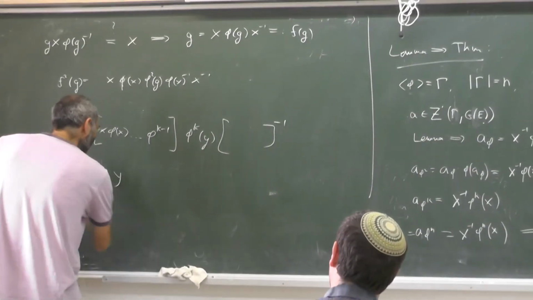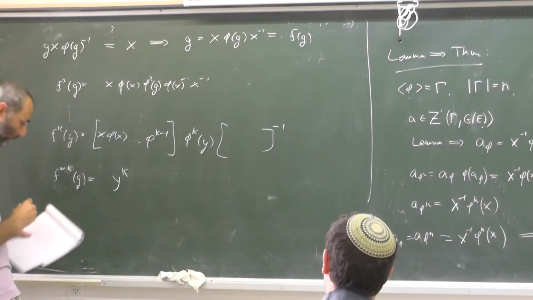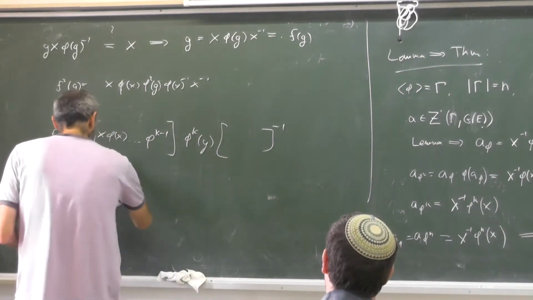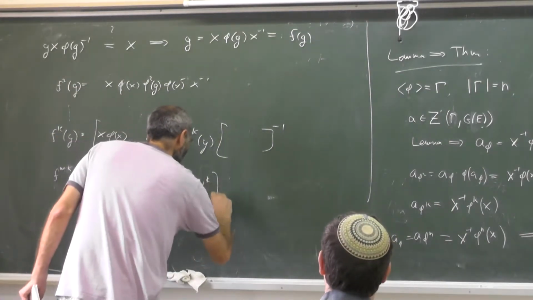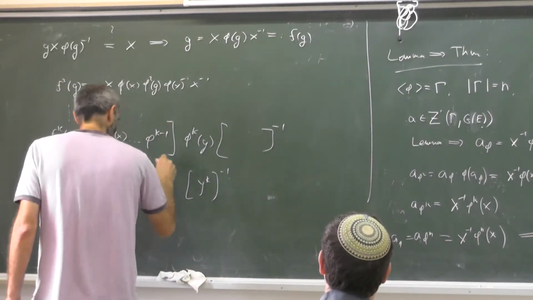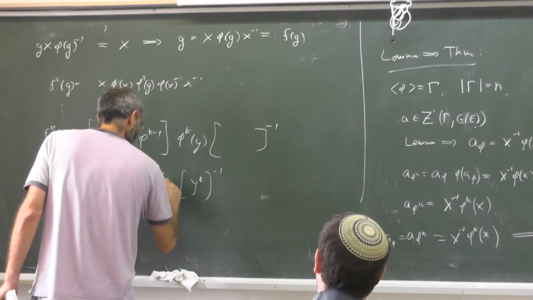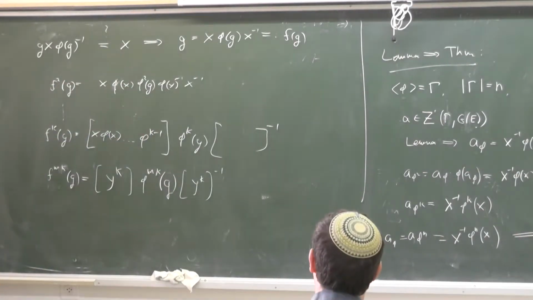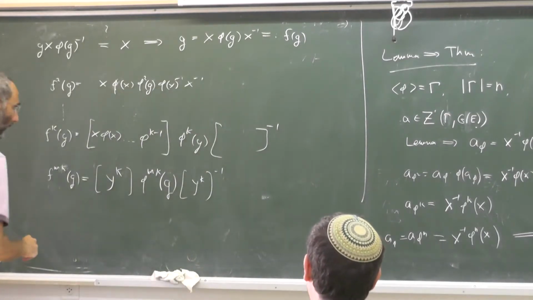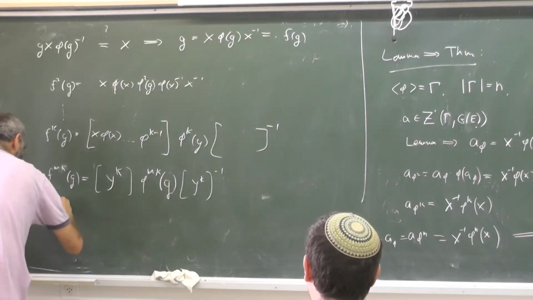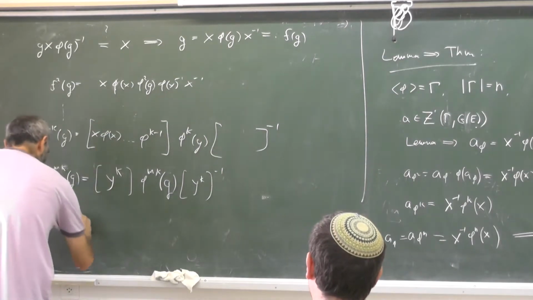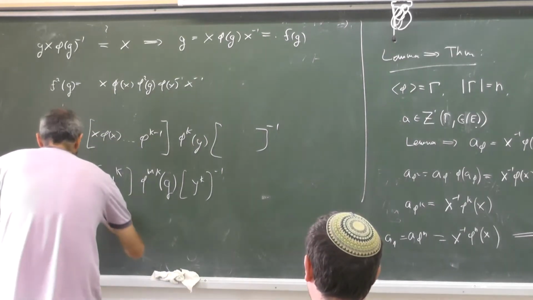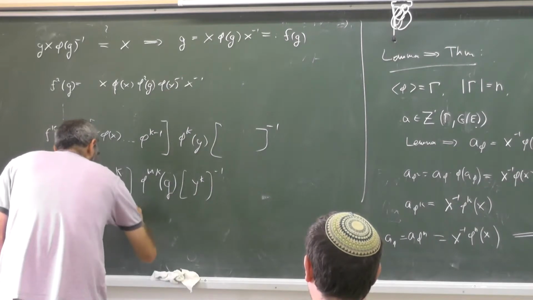So here I will get y to the k, and this is what will come in the bottom here, and y to the k inverse, and in the middle I will get that. Agreed? And lastly, I will specialize for k to be r, because r is the order of y. So this will just be phi to the m r of g.